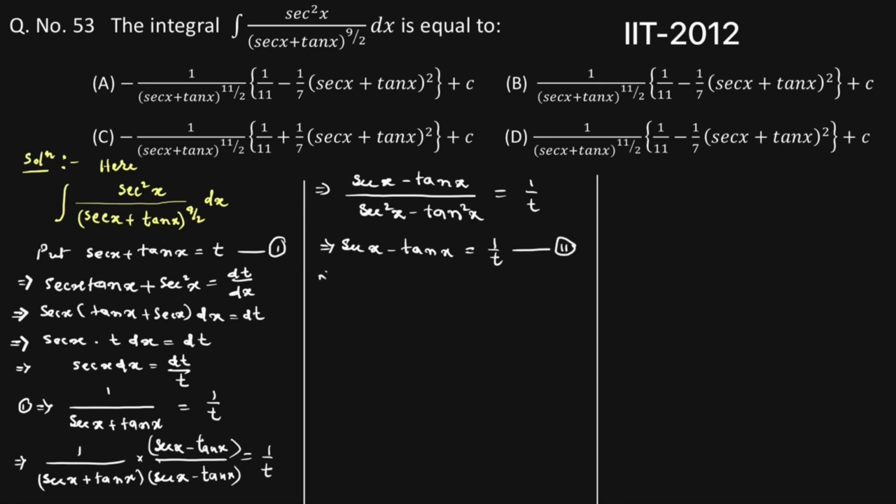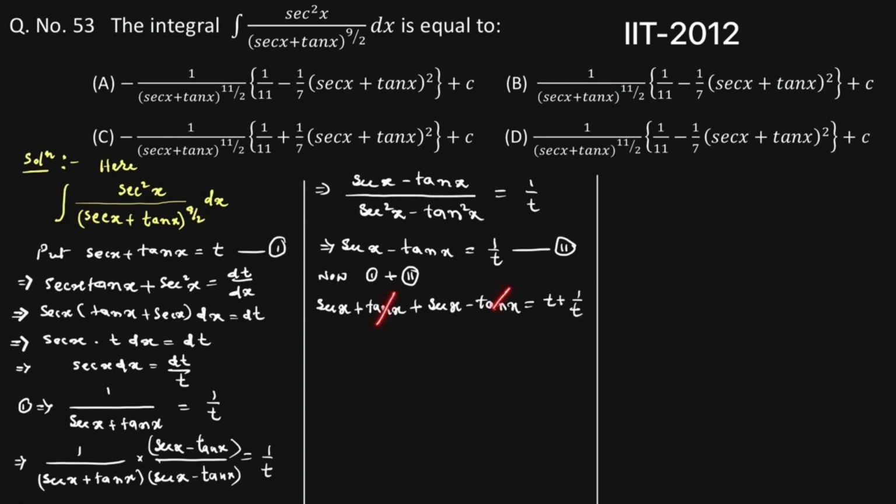Now adding equations 1 and 2, then we will get sec x plus tan x plus sec x minus tan x, which is equal to t plus 1 by t.